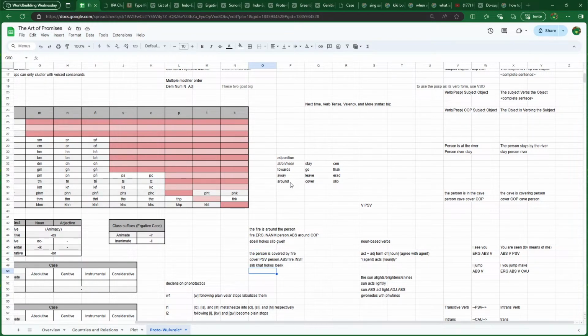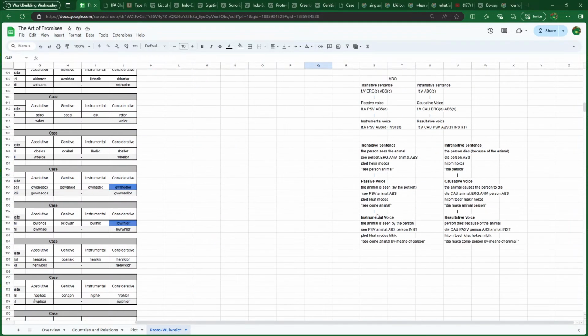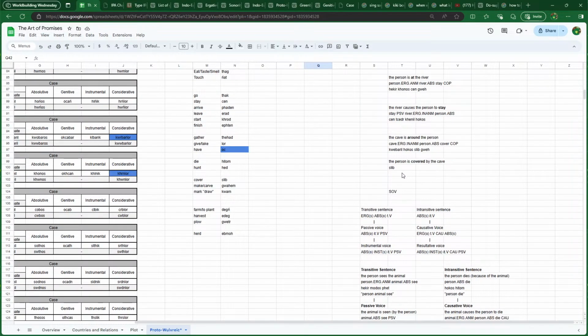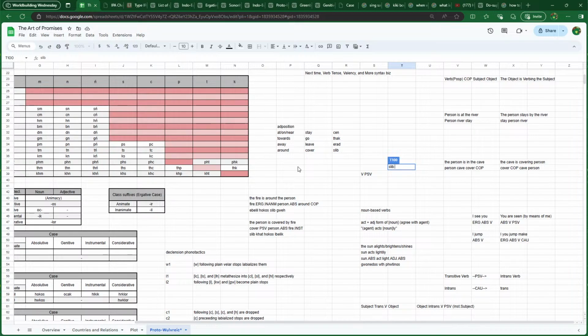That's how these two verbs work. And I'm just doing the same thing, like the person is in the cave. So it wouldn't say the person is in the cave, rather the cave is around the person, or the person is covered by the cave. So sleep. This is a passive construction this time.